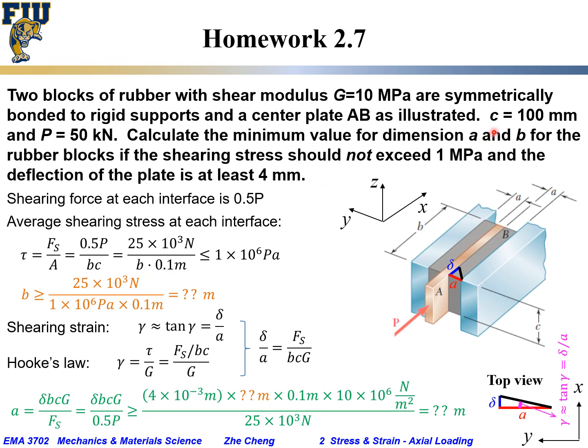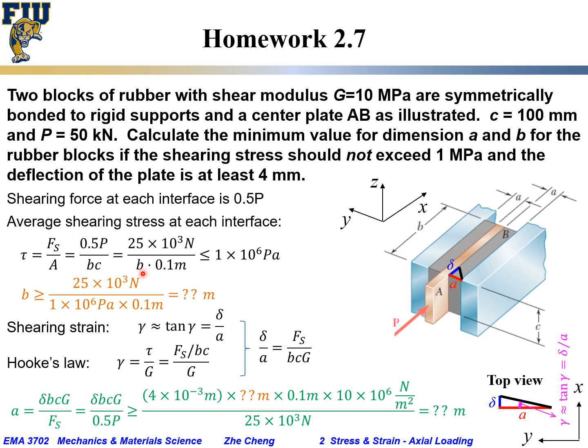From here it is 100 millimeter or 0.1 meter, and the P we know from here is 50 kilonewton. Half P is 25,000 newton, and this ratio has to be smaller than what we said, 10 times 10 to the power of 6 pascal. As a result, we would be able to solve for B.